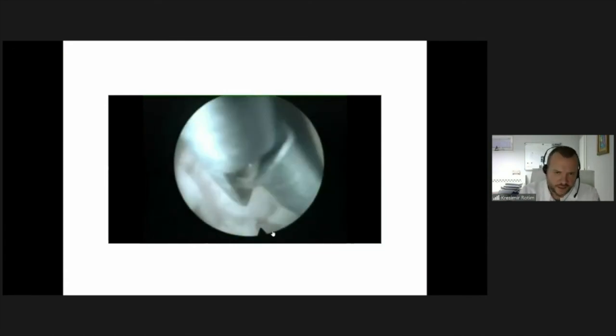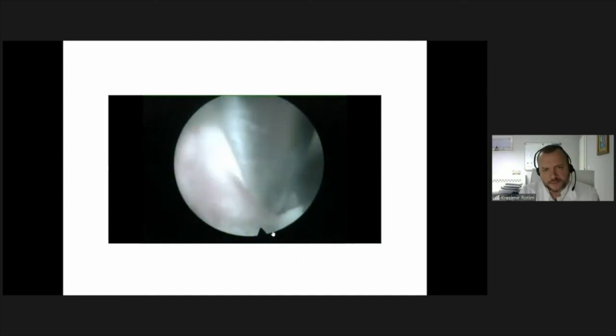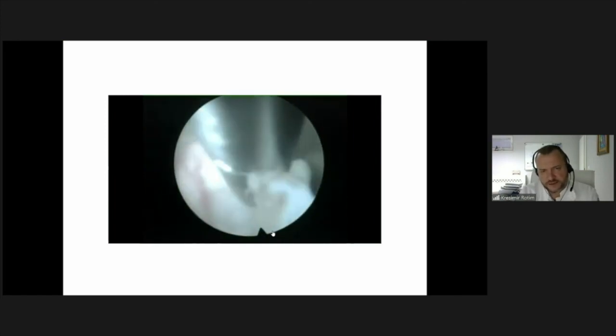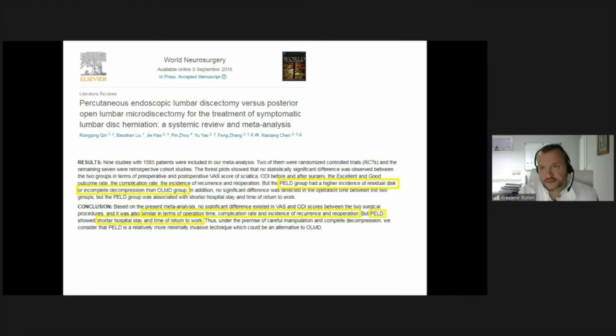And now we can take it with a clamp and put it out. In that case, we actually decompressed the spinal root. And in the hands of an experienced surgeon, the full endoscopic lumbar discectomy shows some great results.